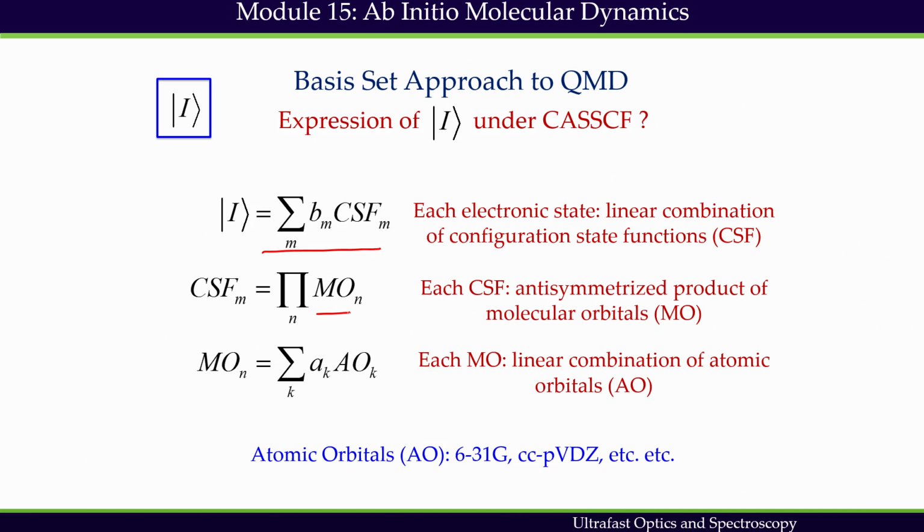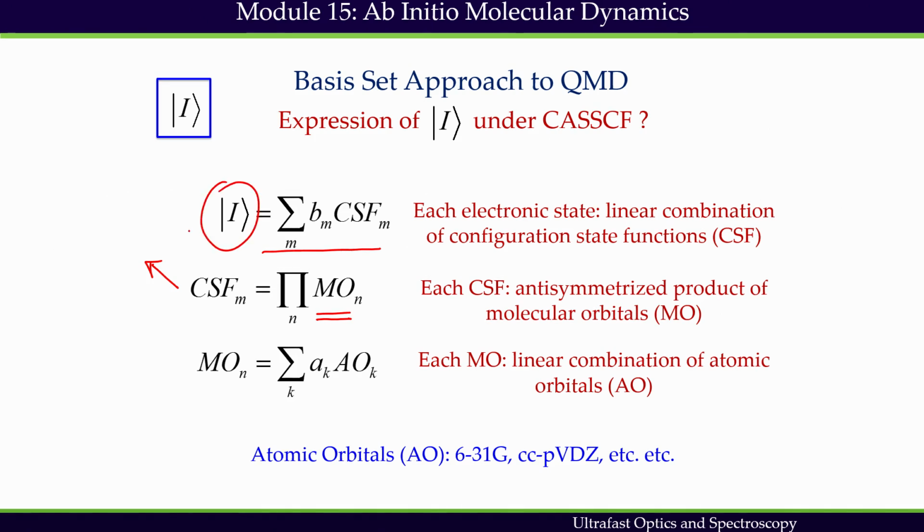This is a particular kind of product where the antisymmetric nature of the electrons has to be preserved, and that's why it is called an antisymmetrized product of the molecular orbitals. These are actually expressed in determinant form. This is called a Slater determinant.